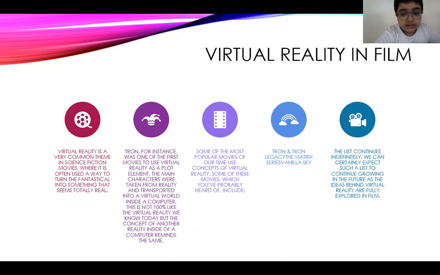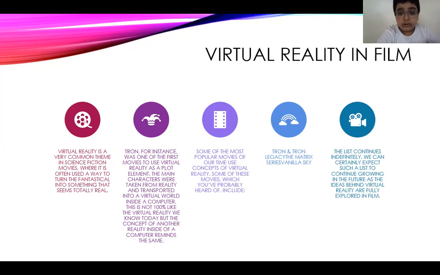The main characters were taken from reality and transported into a virtual world inside a computer. This is not 100% like the virtual reality we know today, but the concept of another reality inside of a computer remains the same.